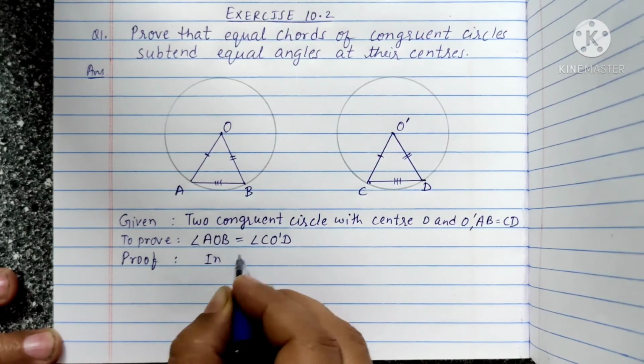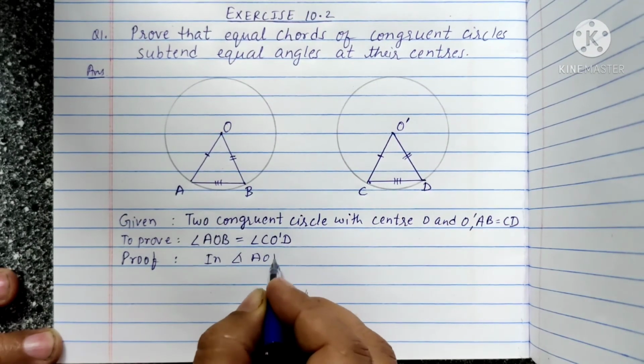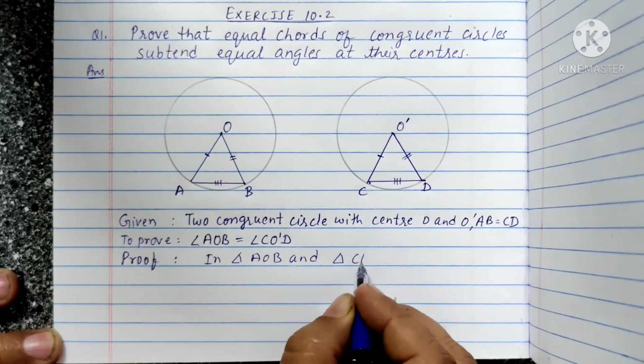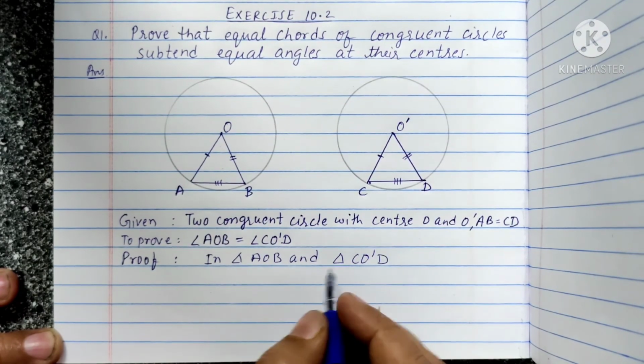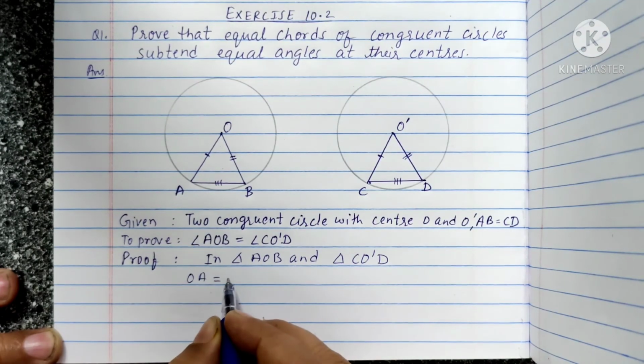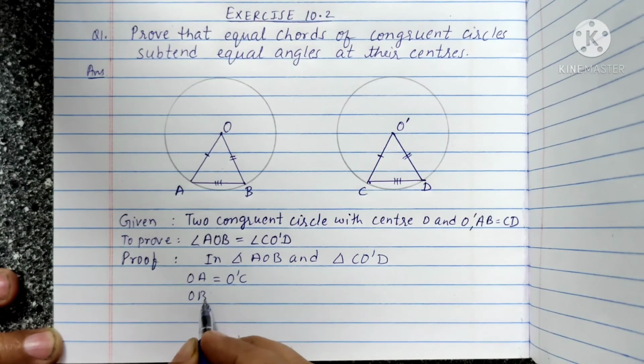So in triangle AOB and triangle CO'D, OA is equal to O'C, OB is equal to O'D.